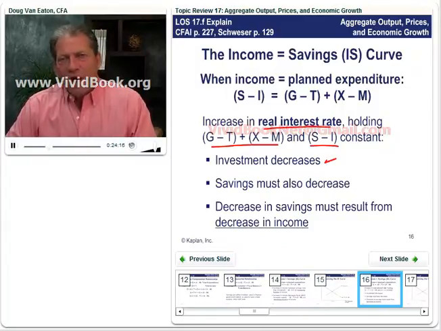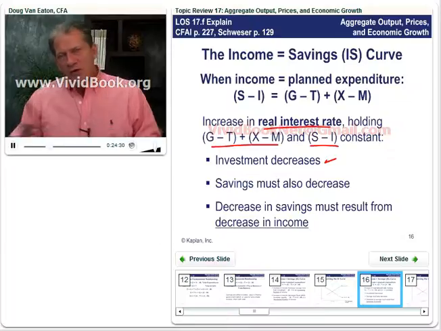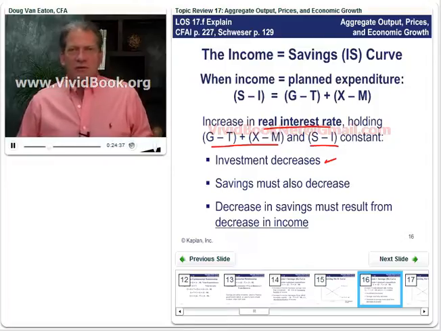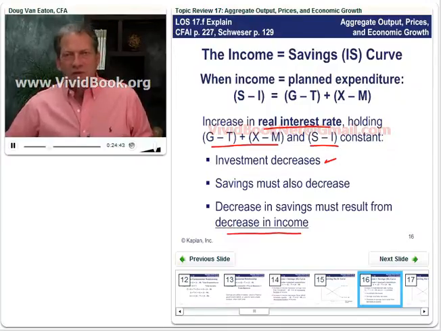Well, that's a problem, because when income goes up, savings goes up. But when real interest rates go up, savings goes up as well. So the only way we can maintain this balance, after an increase in the real interest rate, is for equilibrium income to decrease.